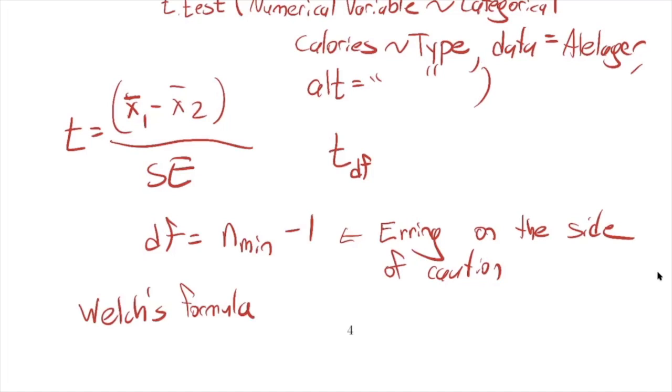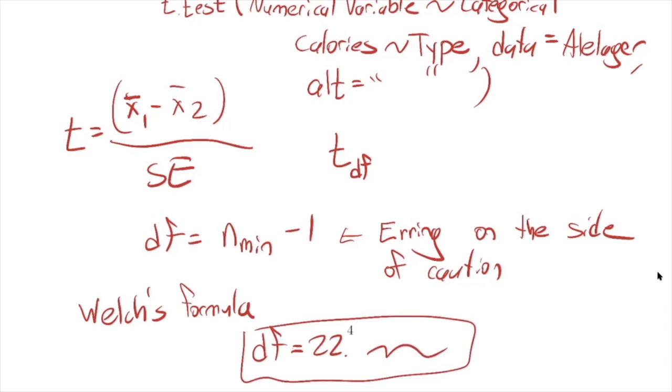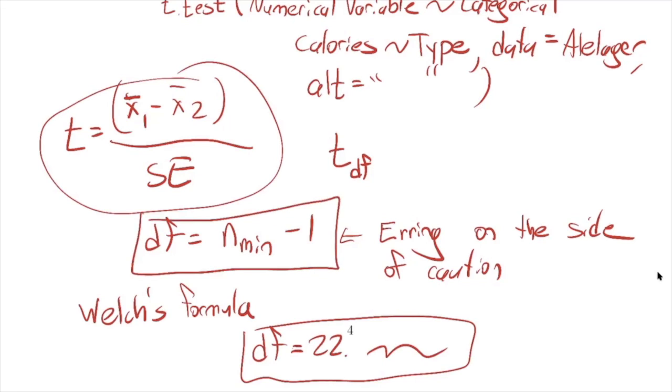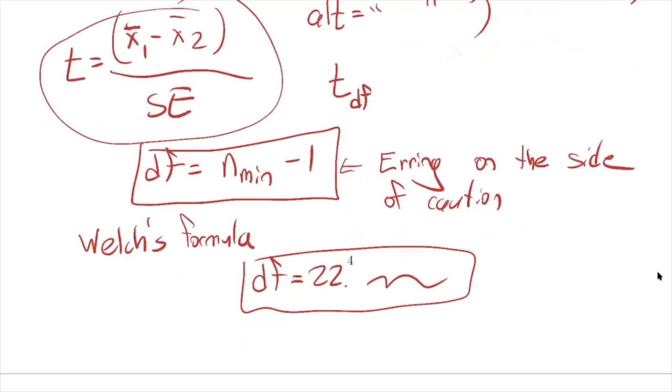It's a horrible looking formula, but according to that, it's 22 point something or other, and that's a more accurate thing. So the test statistic that you see from the output should be the same as the test statistic that you would calculate by hand. The p-values are going to be a little bit different because when we were doing it by hand, we were using this many degrees of freedom, but when you use the t-test, you probably see somewhere in that output that it used Welch's approximation formula to get the degrees of freedom.